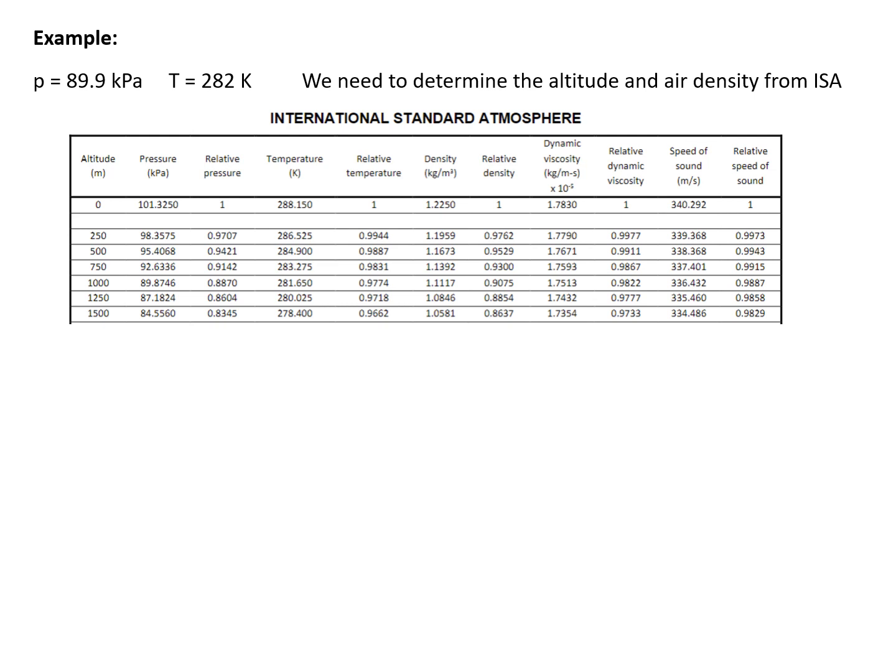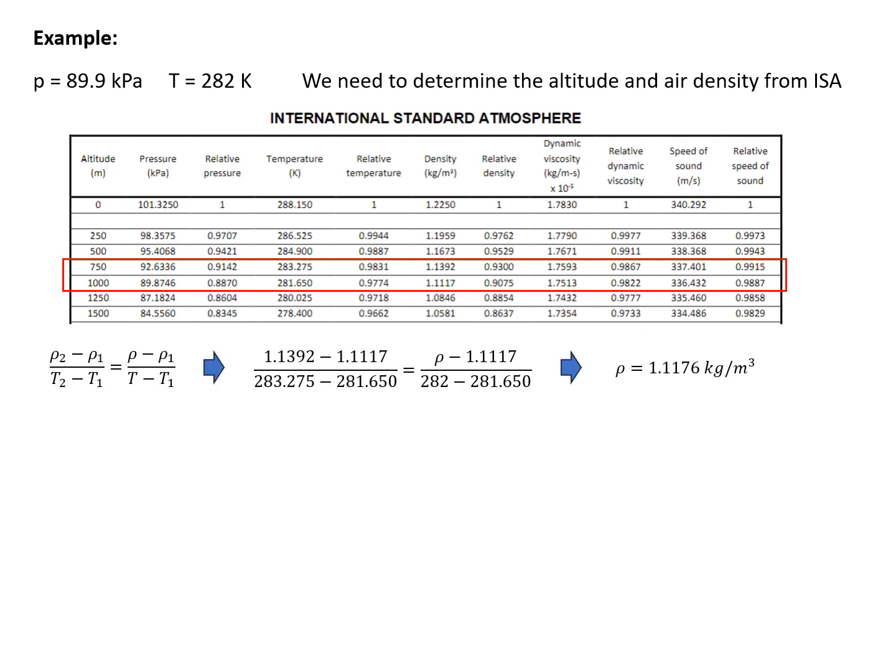Part of the ISA table is shown, and the range of the data is between altitudes of 750 and 1000 as highlighted here. We need to do linear interpolation, and we get a density of 1.1165 kilogram per meter cubed. This is the density at that altitude.